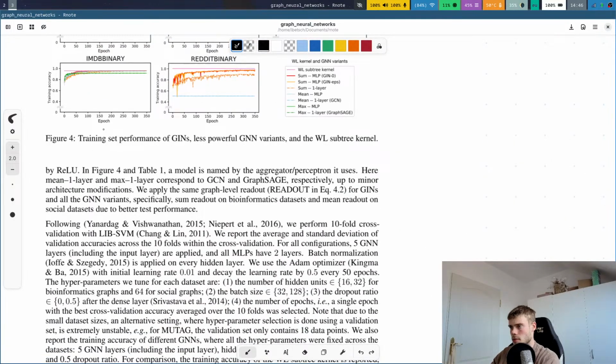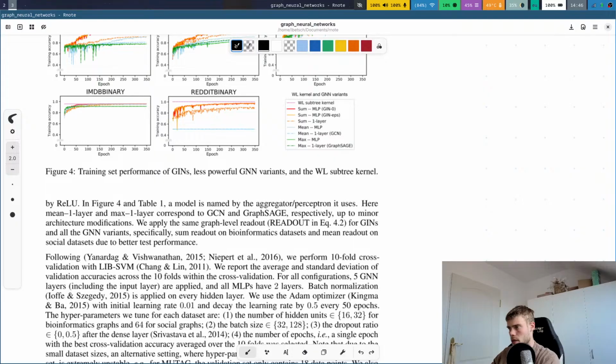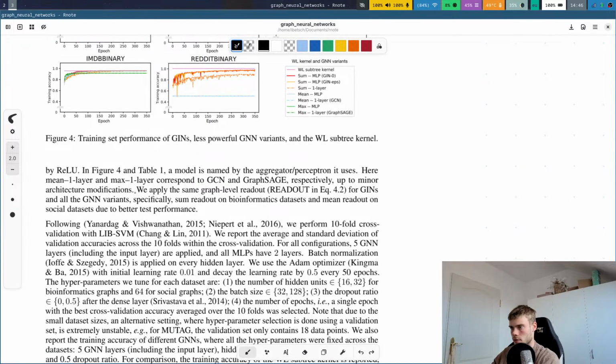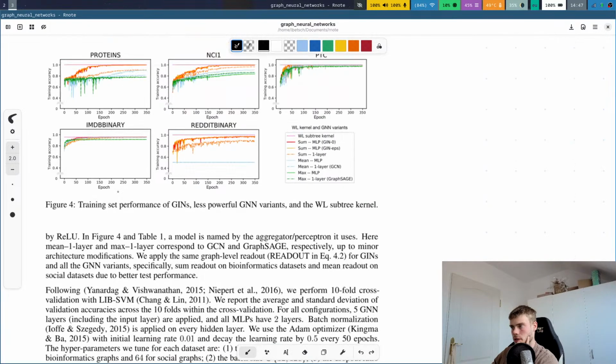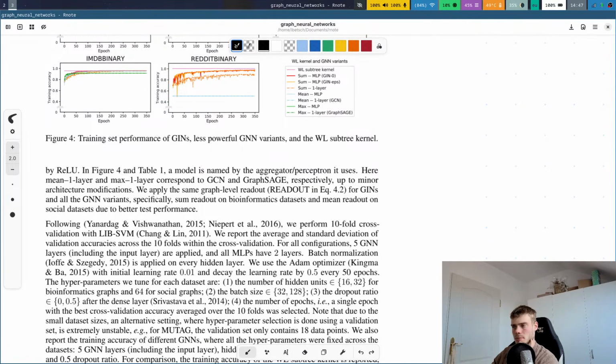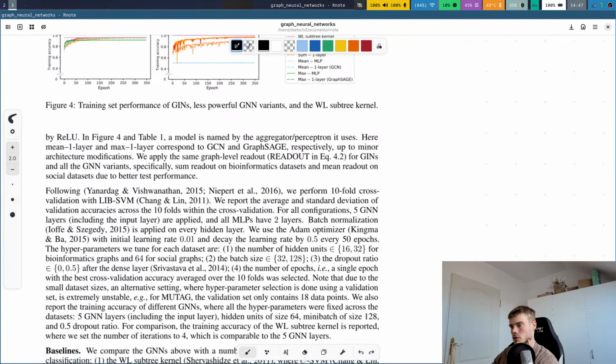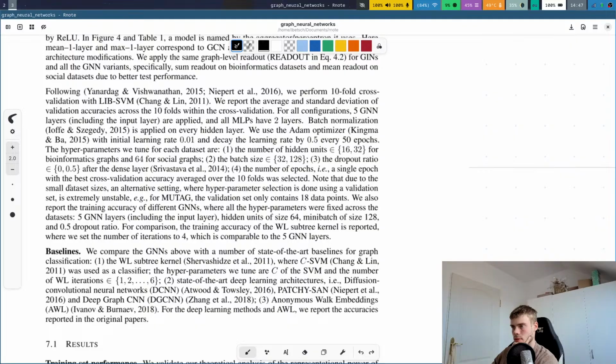In Figure 4 and Table 1, a model is named by the aggregator and perceptron it uses. Here, mean one layer and max one layer correspond to GCN and GraphSAGE, respectively, up to minor architecture modifications. We apply the same graph-level readout in equation 4.2 for GINs and all the GNN variants. Specifically, sum readout on bioinformatics datasets and mean readout on social datasets due to better test performance.